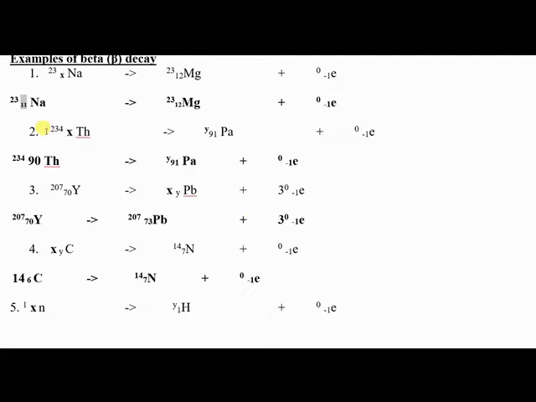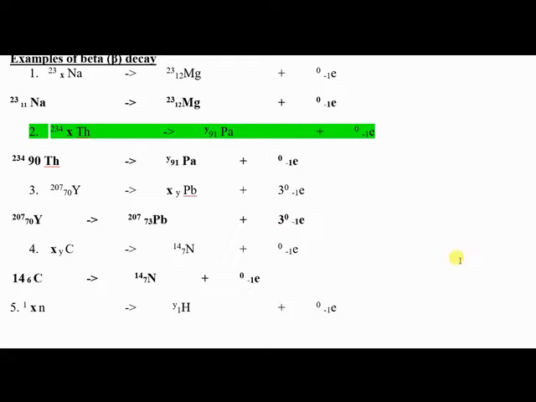Let us look at this number 2 here. Thorium has atomic number X, mass number 234. So it is forming Pa of atomic number 91 and a mass number of Y. Here Y should be the same, because for beta the mass number is 0.